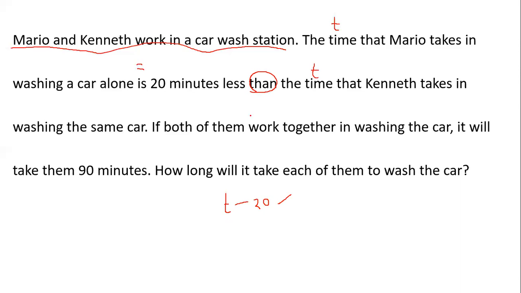But if we use 20 minutes less the time, that is now equivalent to 20 minus t. Ito po yun. Ito naman, 20 minutes less than the time. So let's keep that in mind.